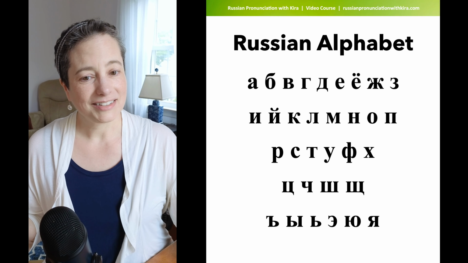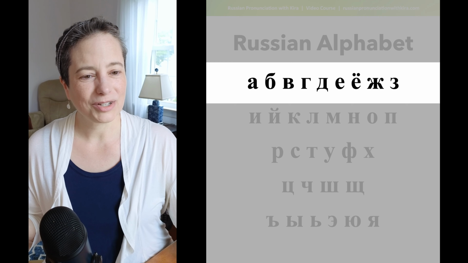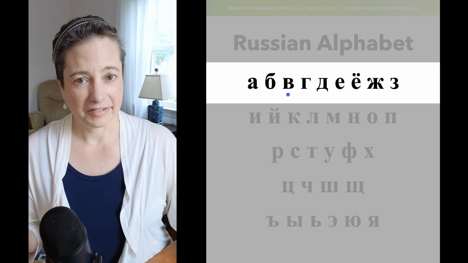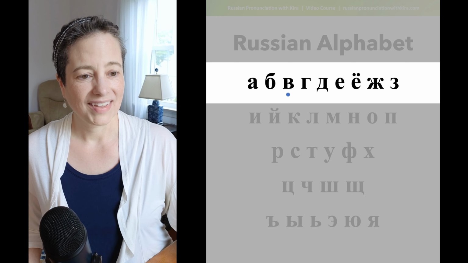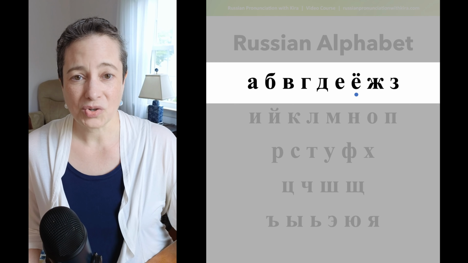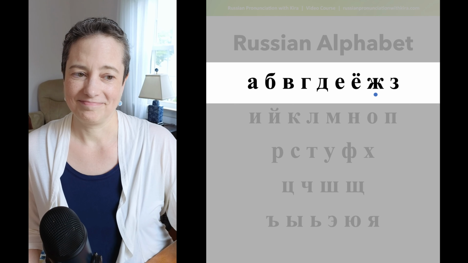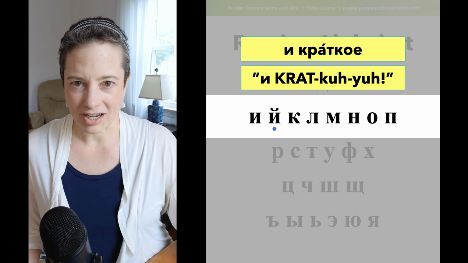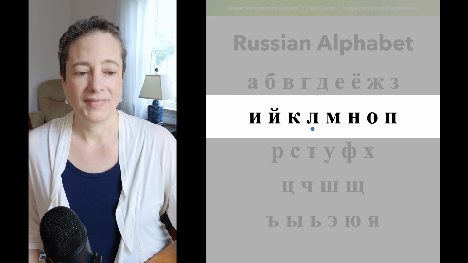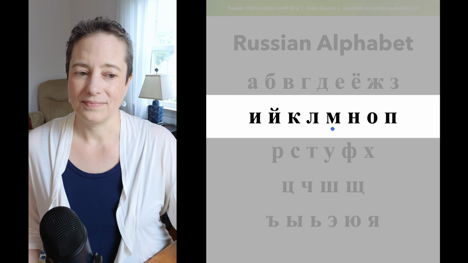And now let's do some practice. Here we go. Джо, танк, липс. А, Б, В. Г, Д, Е. Ё, Ж, З. И краткое. К, Л. М, Н.